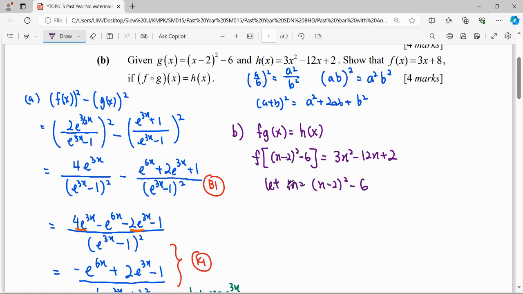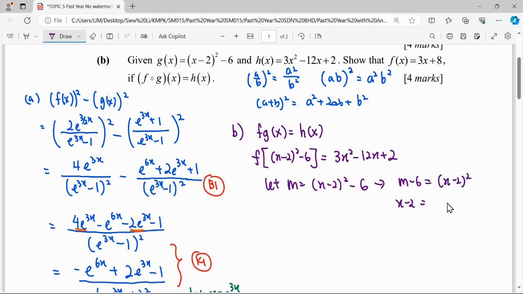So we change everything in terms of m so that we can get the function of f(x). We represent (x minus 2) squared minus 6 as m. Here we need to substitute in terms of m. We find out what is your x. From this, we move: m plus 6 equals (x minus 2) squared.